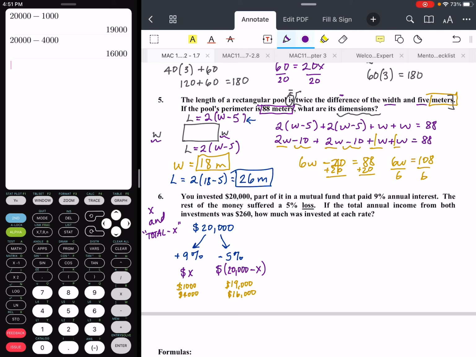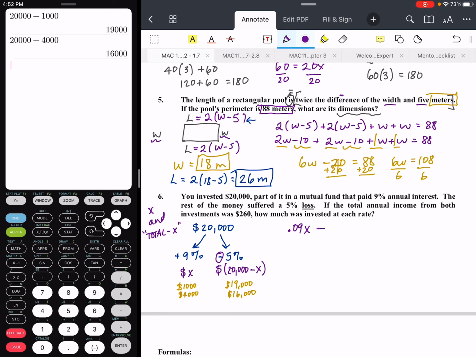In terms of the interest, I can see I'm getting 9% interest earnings off of the x dollars. So 9% as a decimal is 0.09 times x, the interest rate times the principal that I invested. And this is all over 1 year, so times the time of 1 year gives me the interest from that account. Make sure you're using the minus sign for the second part.